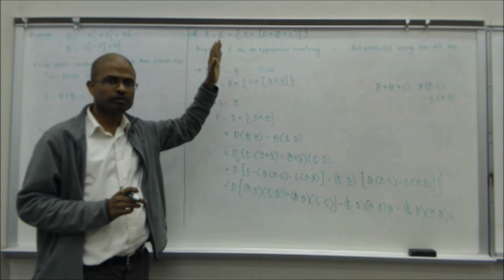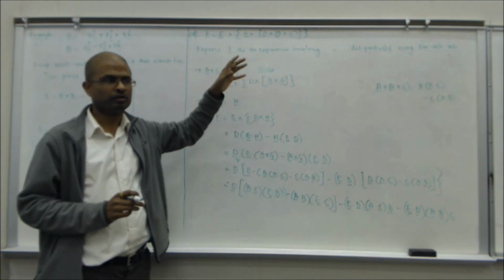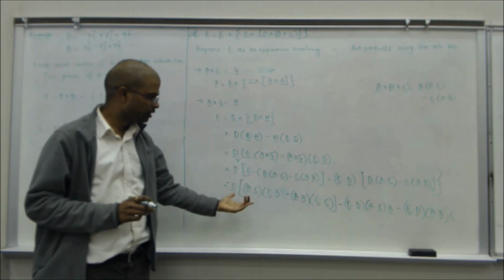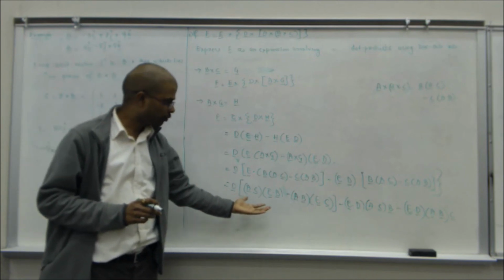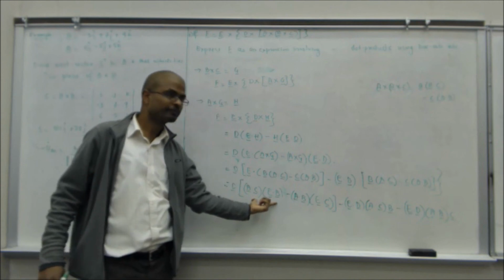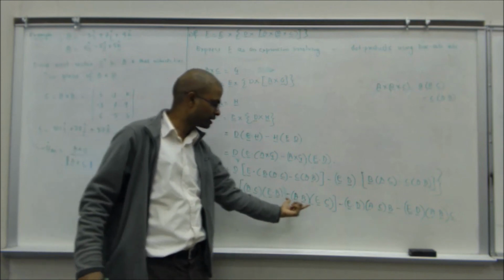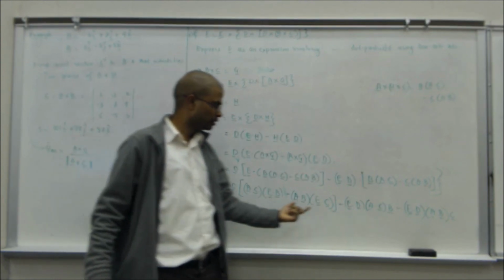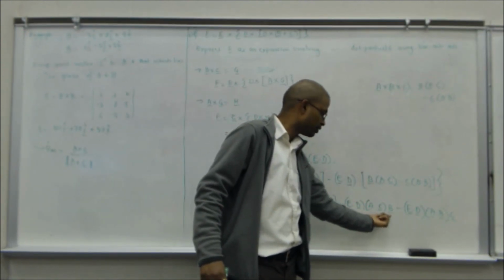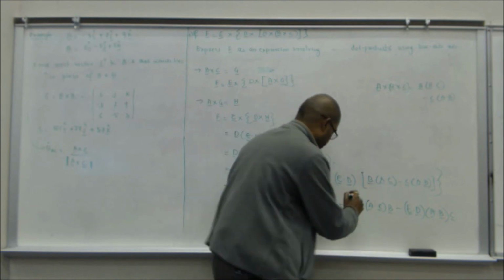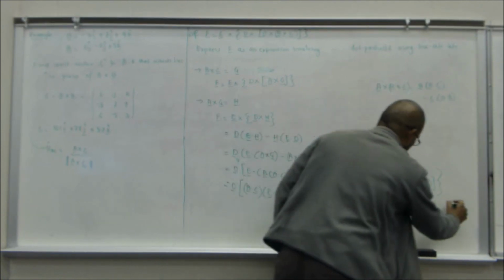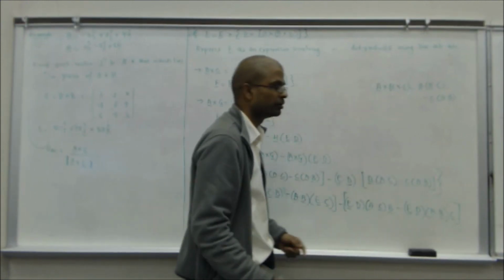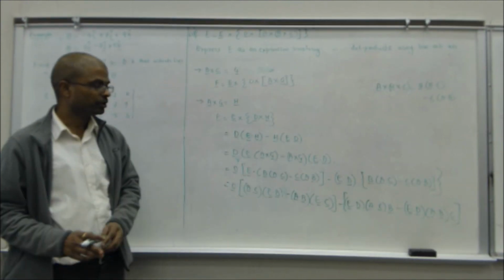Unless there is a dot, it cannot become a scalar. It's all crossed. So if you look at here, what is this? Scalar minus scalar times a vector. That's a vector. Scalar times a vector. That's a vector. Right? And then scalar times a vector. That's again a vector. You end up with a vector.